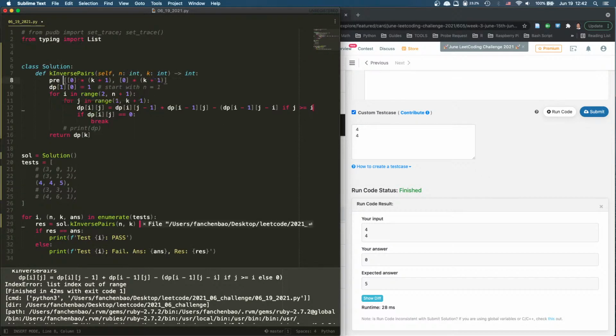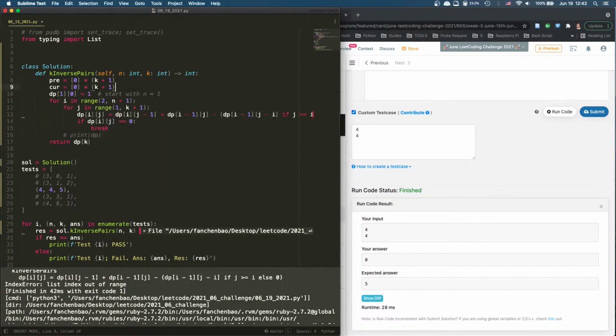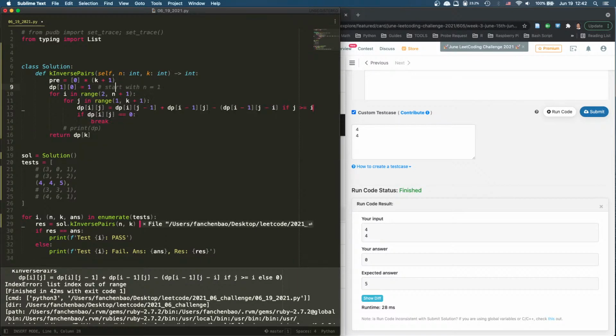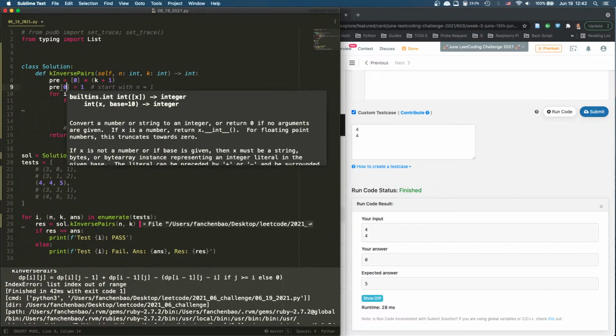Okay. Pre equals this, right? Have a pre-array, and we have the current array. So actually, pre-array is this, and we set pre-array 0 to be 1, right?